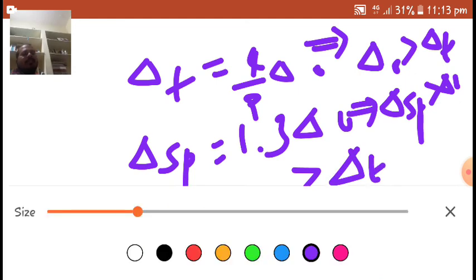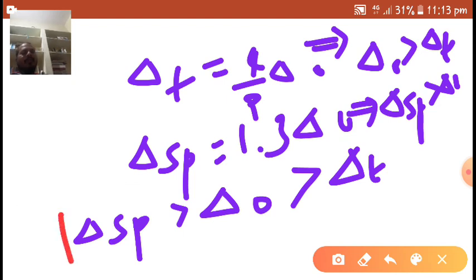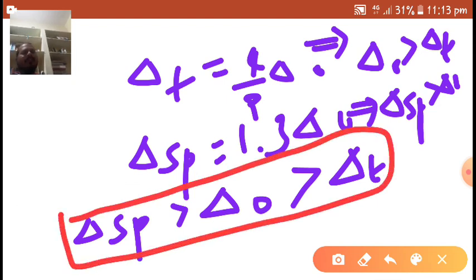This is the relationship between these crystal field splitting energies.